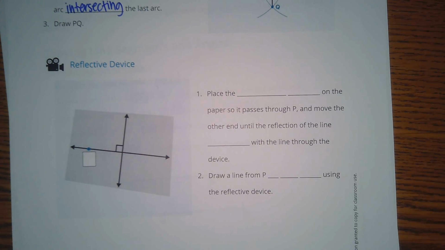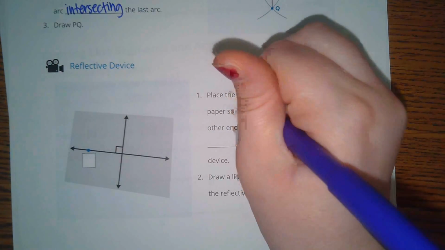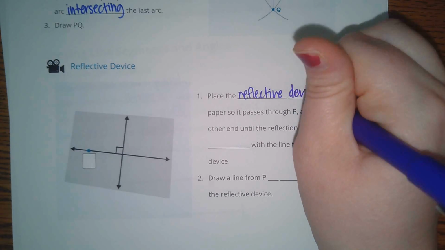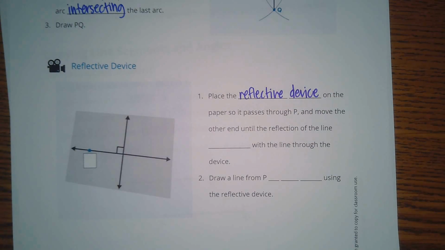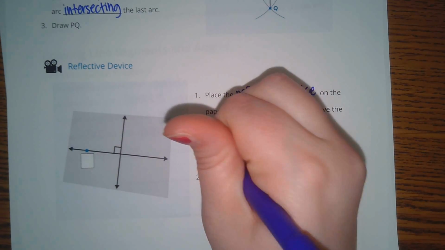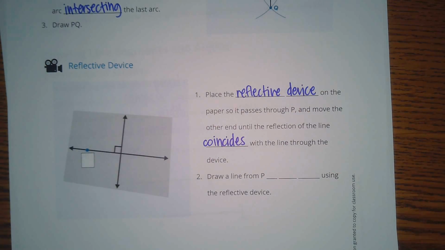Yep, so this is going to be using a reflective device. So we're going to place the reflective device on the paper so that it passes through P, and we're going to move the other end until the reflection of the line coincides with the line through to the device.